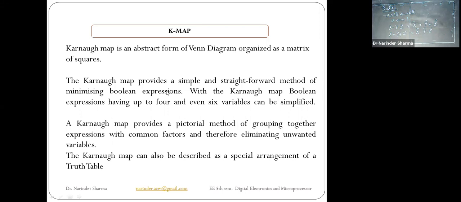It is a simple and straightforward method of minimizing Boolean expressions. It is basically a pictorial method which is easy to understand. After doing the groupings, we will discuss it with examples. It is a special arrangement of the truth tables.